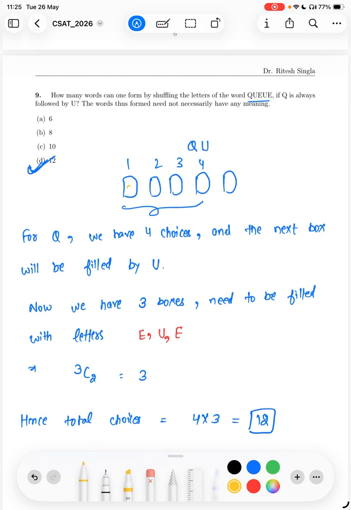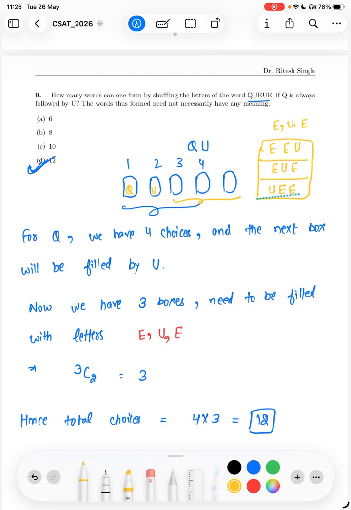Suppose I put Q here and U here. So I am left with three more boxes in which I have to place E, U, and E. How can I place it? I can place it as EEU, EUE, and UEE. These are the only three choices.